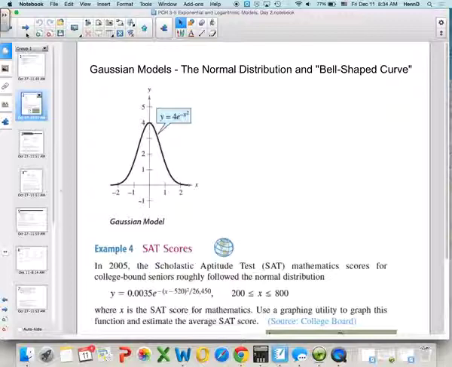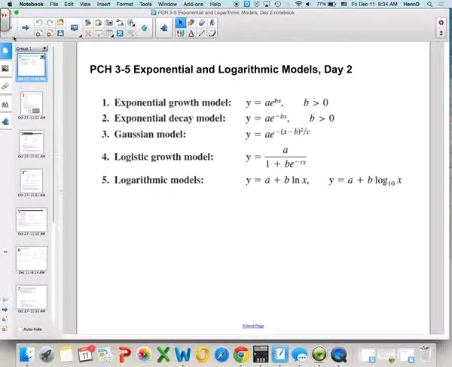So we're looking at the Gaussian model. If you're looking at one of the models and you're not sure which equation we're dealing with, the key thing that makes this the Gaussian model is that the x in the exponent is squared.